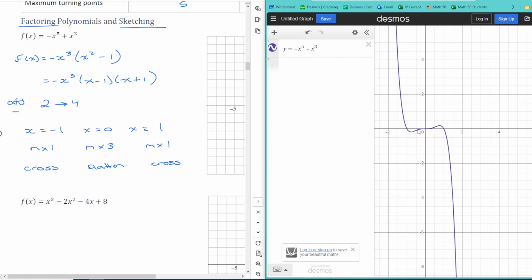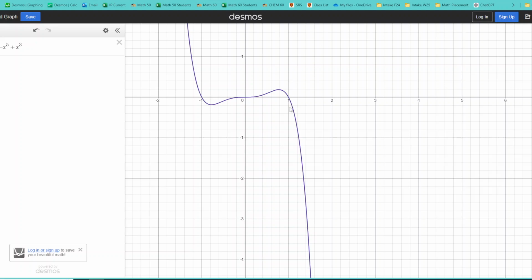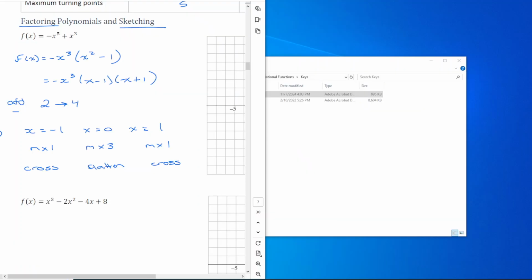I flattened out at 0, and then I passed through at 1. So we did an awesome job. Go us. Okay, hopefully you could see that. I noticed that when I was reviewing a video, half the thing was cut off. So pass, touch, or pass, flatten, pass, or cross, flatten, cross, whatever you want to call it. All right, we did great.